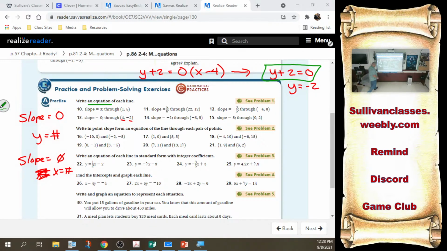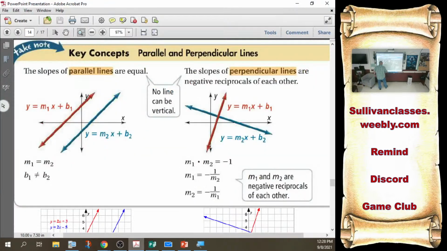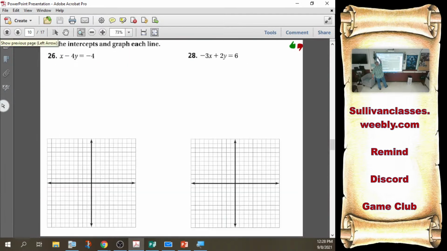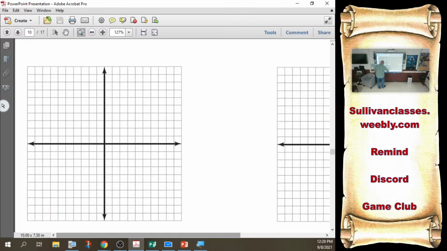Y'all, the number of times that I've seen a kid, do you? No? There? Okay. The number of times I've seen that pop up and say, hey, graph this.